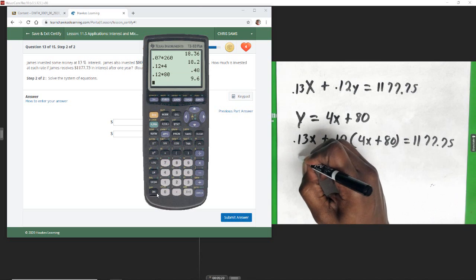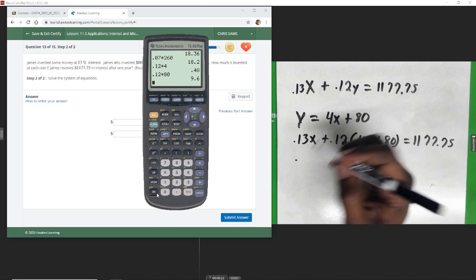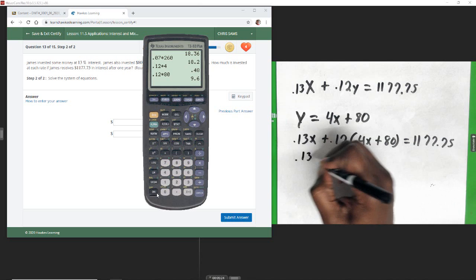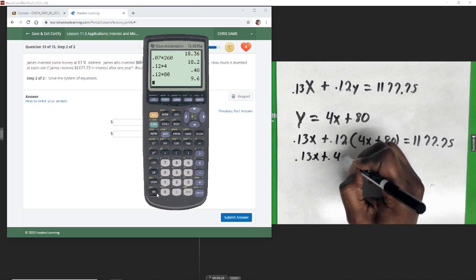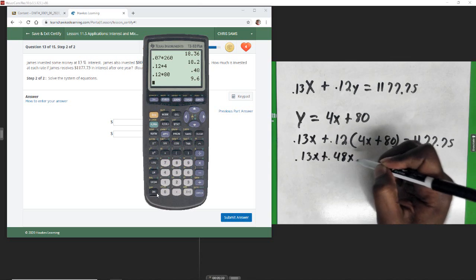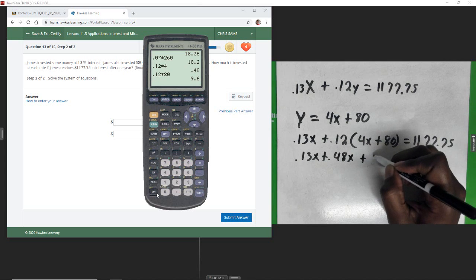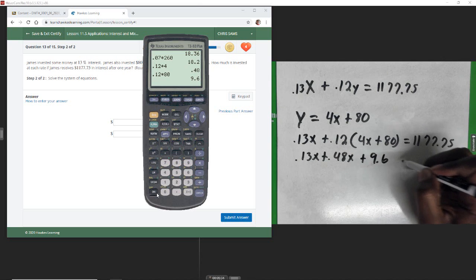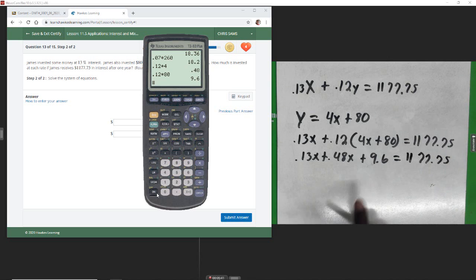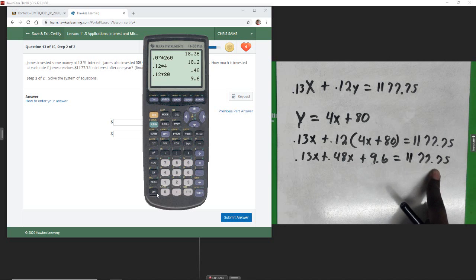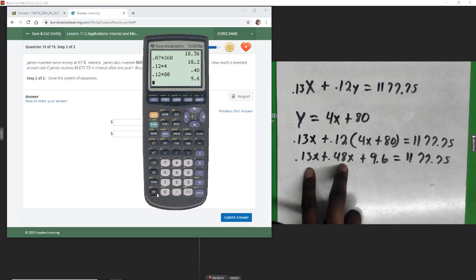So here we get 0.13x plus 0.48x plus 9.6 equals the 1177.75. All right, so we're going to subtract 9.6 from here, and we're going to combine like terms here.